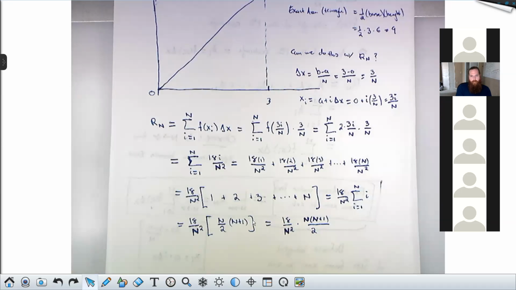So now we're almost there. Remember, my exact area is the limit as n goes to infinity of the Rn's. And now that I have a nice formula for the Rn's with no dot dot dots and no sigmas, I can try to take that limit.